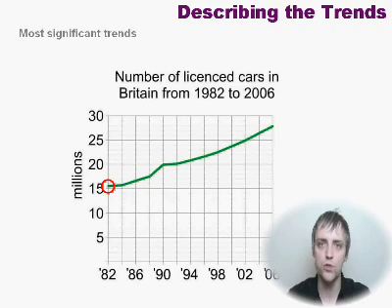And if we move towards the end of the graph, we can follow the circle to the end, and we can see in 2006 we've got between 25 and 30, so about 27 million licensed cars in the UK in 2006. So we can see that the general trend here is upwards.